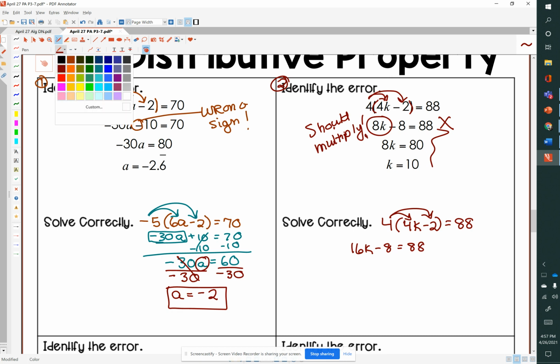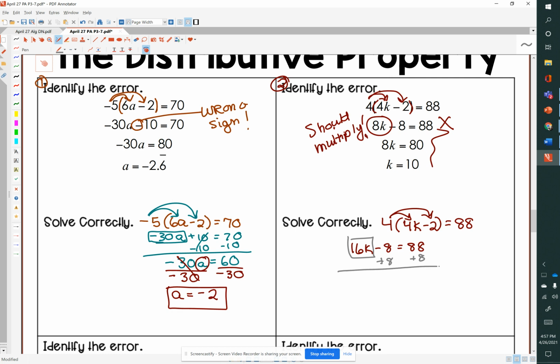And now we want to isolate that 16k. So we're going to add 8 to both sides of the equation, which will give us 16k equals 96.